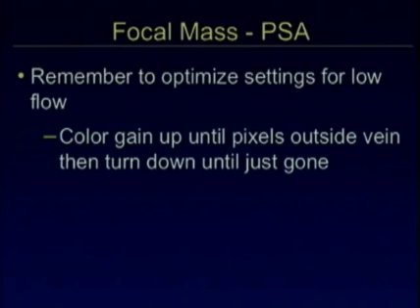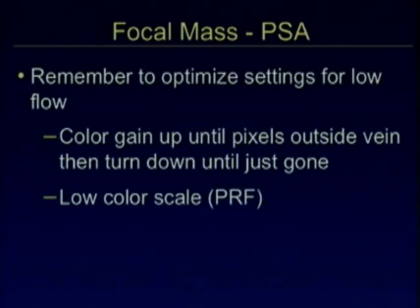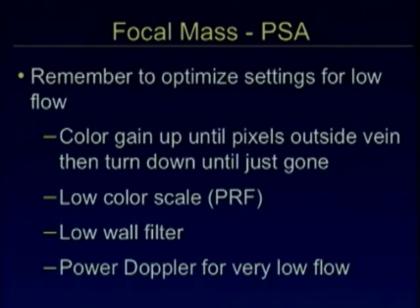Then turn the color gain up until the pixels are displayed just outside the vein where they shouldn't be, and then turn down until they're just gone. Decrease the color scale, decrease the PRF, and make sure that you have a low wall filter, just to be sure that the probable hematoma that you're looking at isn't a pseudoaneurysm with low flow. And if you really think that you need it, you could put power Doppler on, but typically it's such a superficial structure that we don't need it.